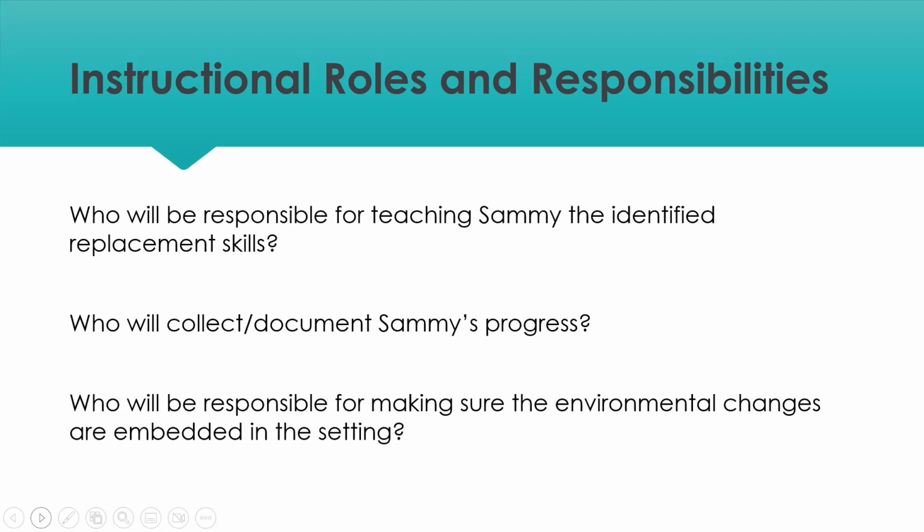If a student needs to walk a certain way from point A to point B in the hallway, and you have a school that's big and there are multiple ways, someone needs to make sure that happens every time.